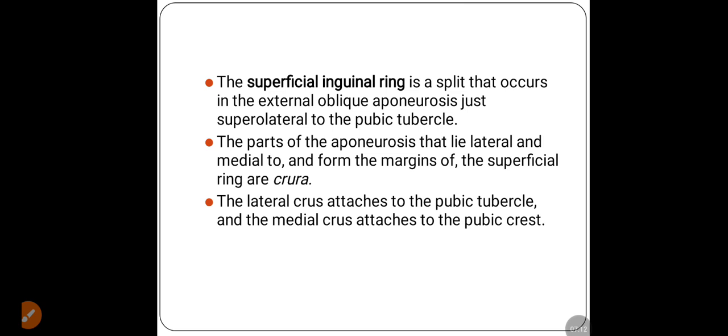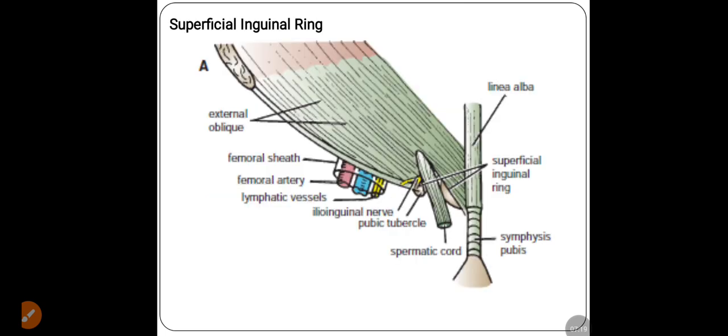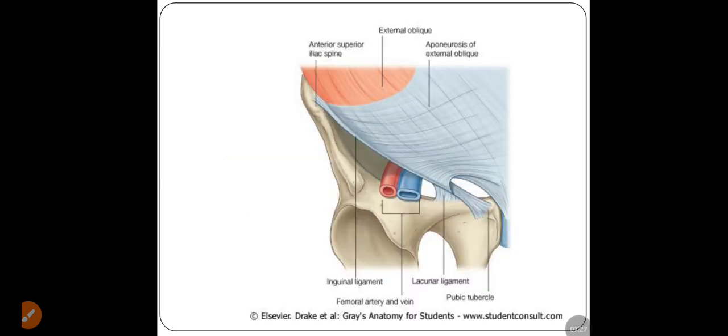So now we can draw the inguinal ligament on the patient. Here is the opening of the superficial inguinal ring. Okay? This is the superficial inguinal ring, located in the aponeurosis of the external oblique muscle.